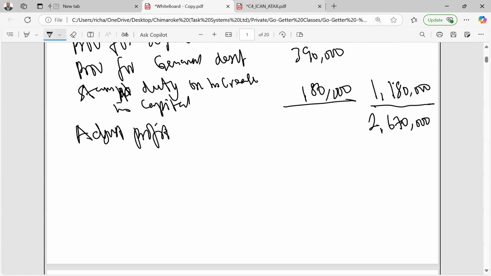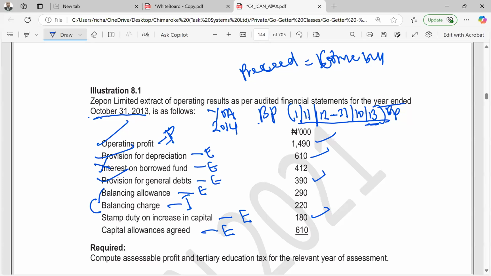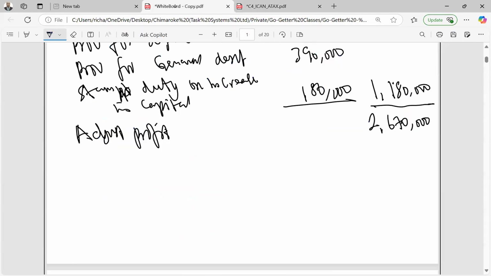So we will now check for loss. There is no loss here. We now look for capital allowances. So the first thing to do is to add balancing charge.